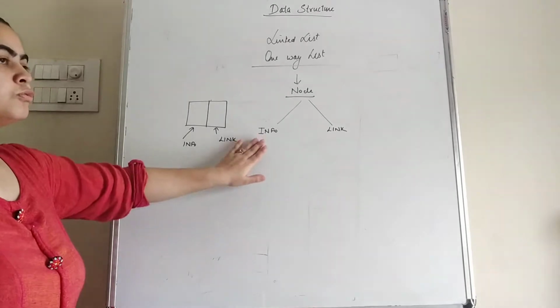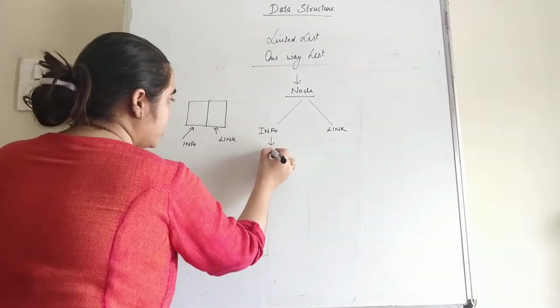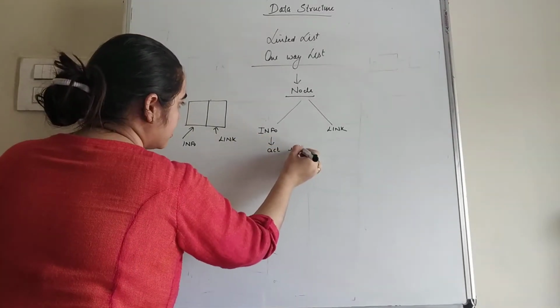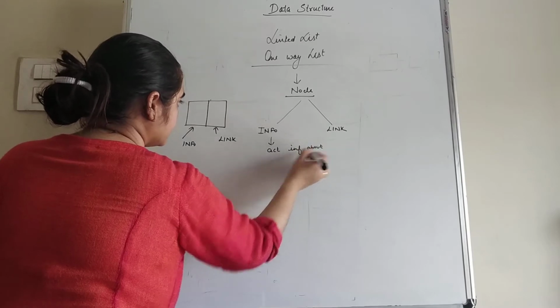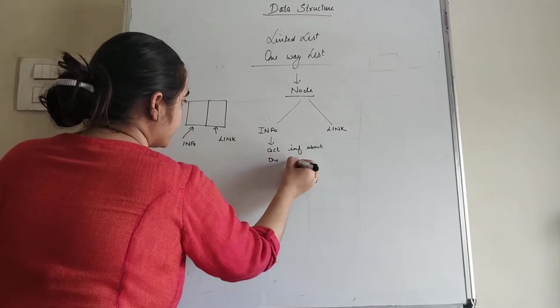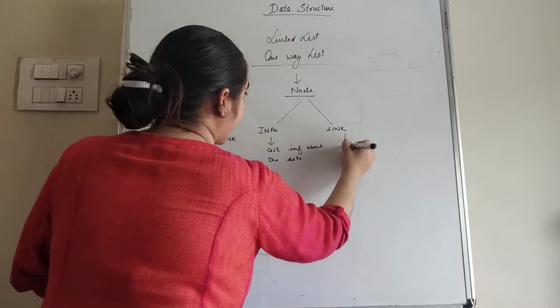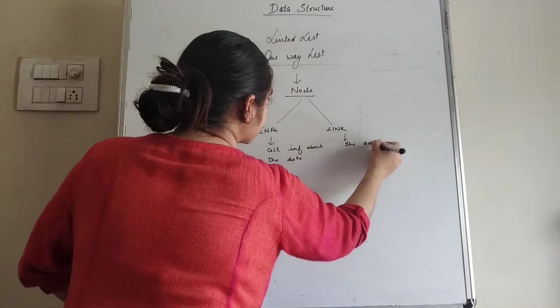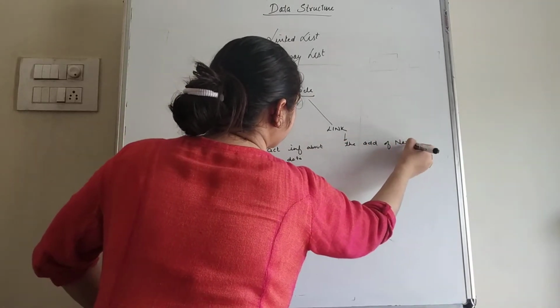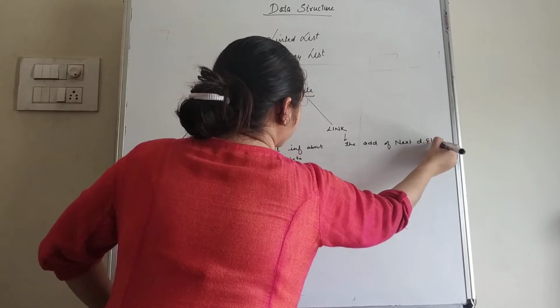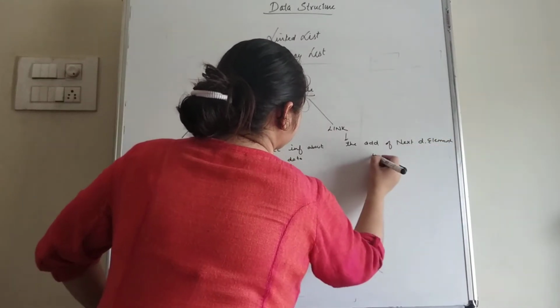Now students, info part contains the actual information about the data, and link part contains the address of the next data element within the list.